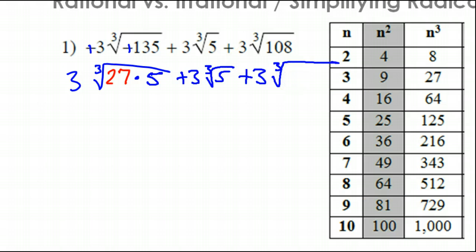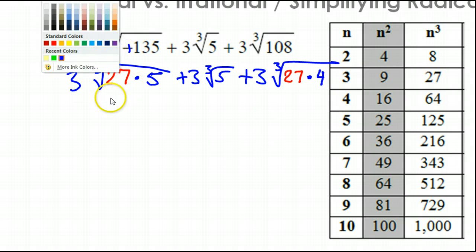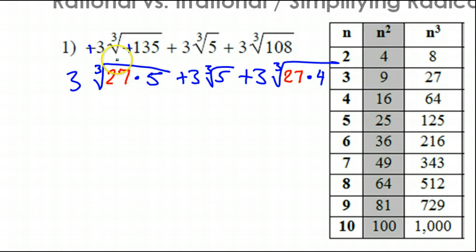So 108 is 27 times 4. I put these in red because they are going to reduce and come outside the radical. The cube root of 27 is 3. You can see it right on the chart.